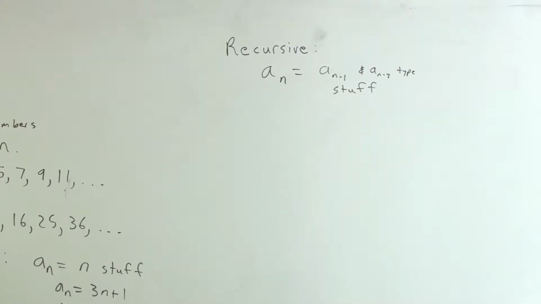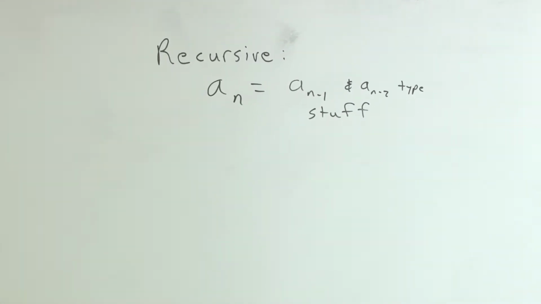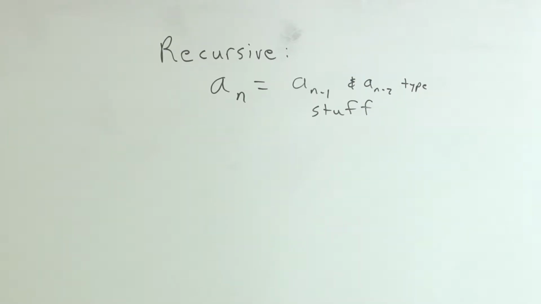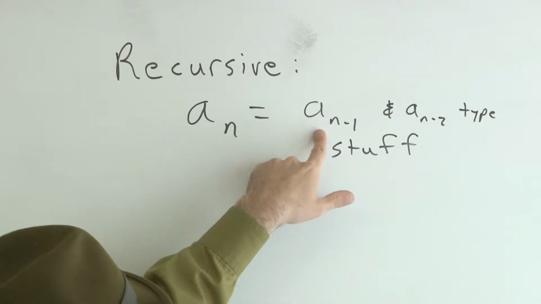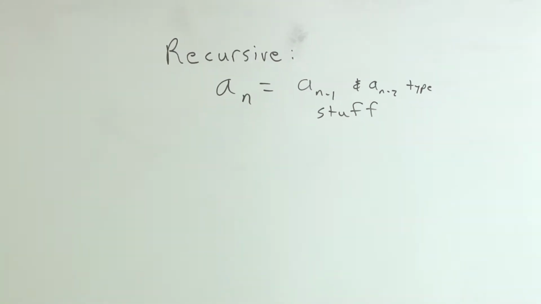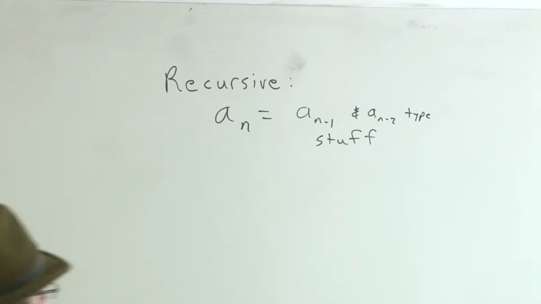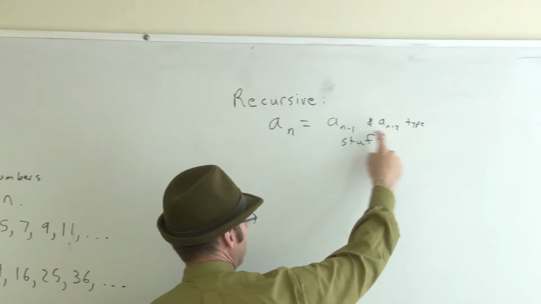Whereas in an explicit statement, I'm just going to see numbers and n, in a recursive statement, I'll see a sub n equals, and I'll see like a sub n minus 1, a sub n minus 2, a sub n minus 3. What those mean is that to get this term, I've got to know the previous terms.